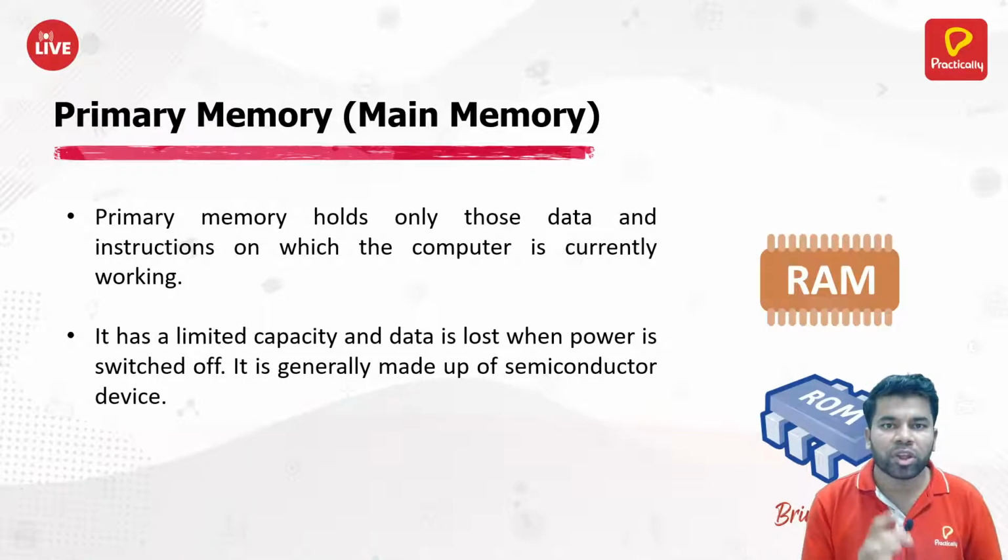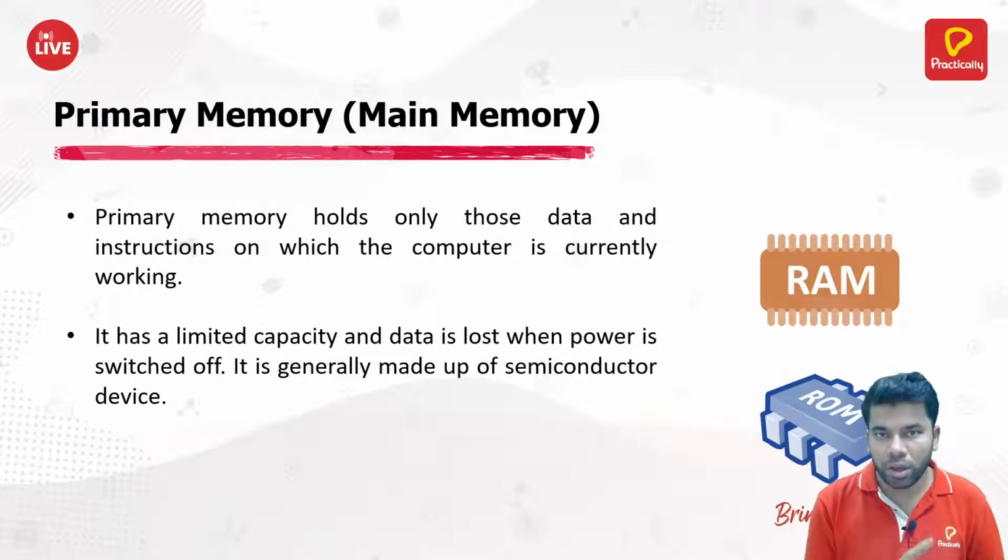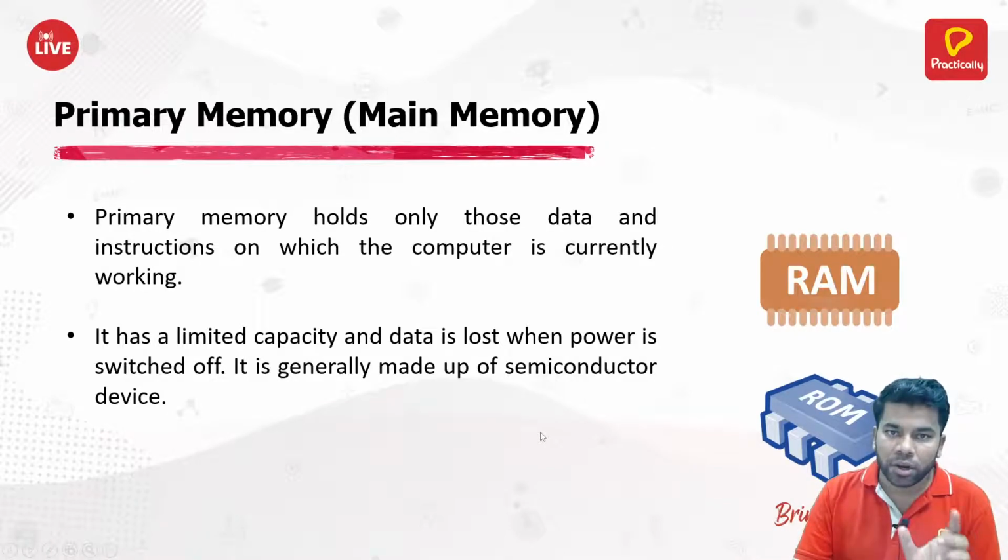Whenever the computer is running, that data is stored in the RAM, and whenever we turn off the system, that data is erased. You can call this volatile memory. Whenever we switch off the power, it is gone. This primary memory is made up of semiconductor devices.